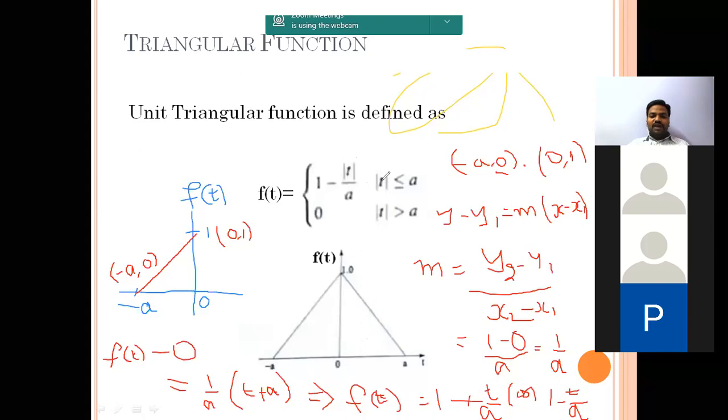If minus t is less than or equal to a, then t must be greater than or equal to minus a. This is the standard triangular function expression. In this way you are going to analyze all the types of signals.